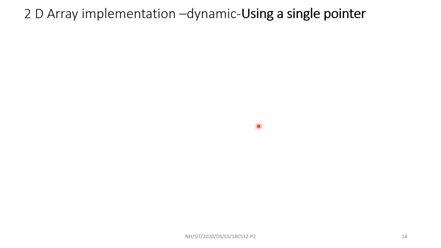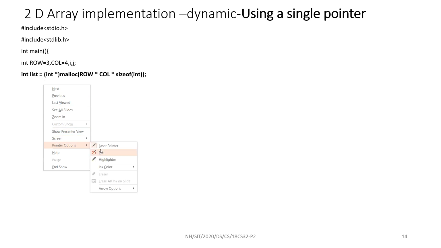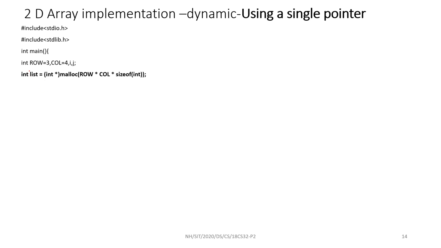Now we'll see one program with a single pointer. Here I will assume the number of rows in my matrix is 3 and columns is 4. It is a pointer, just a small correction.